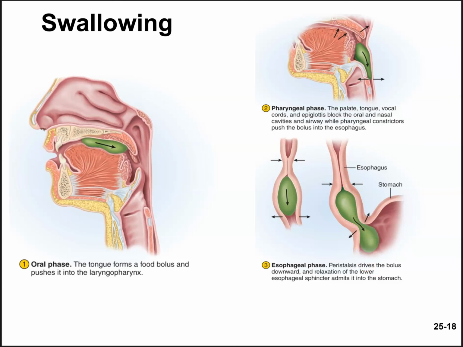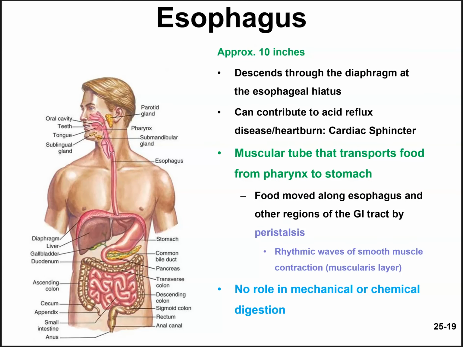The esophagus is approximately 10 inches long, and it has to pass through the diaphragm, and the opening through which it passes is called the esophageal hiatus. So this opening right over here in the diaphragm is called the esophageal hiatus.